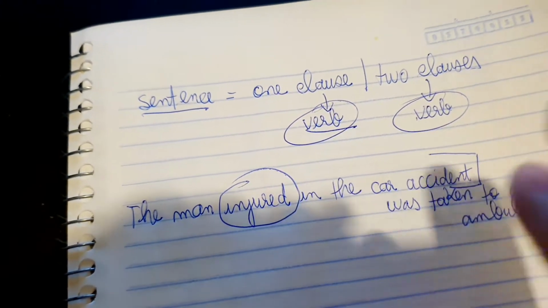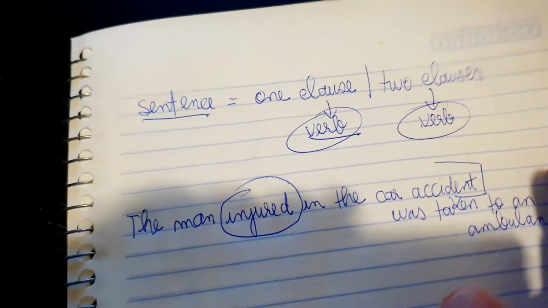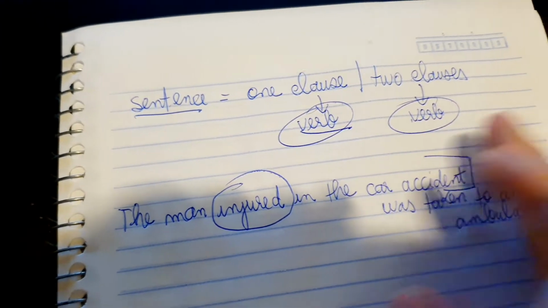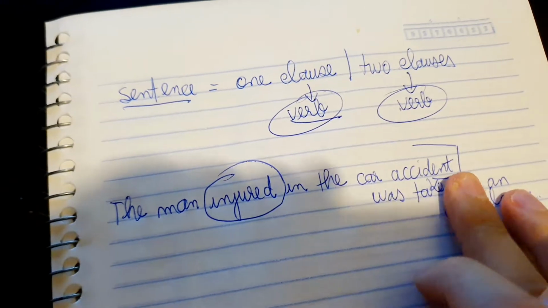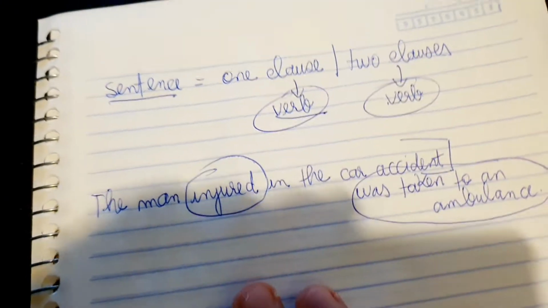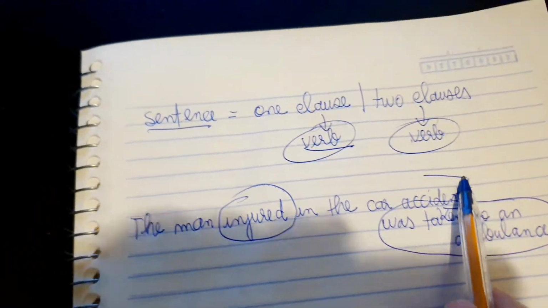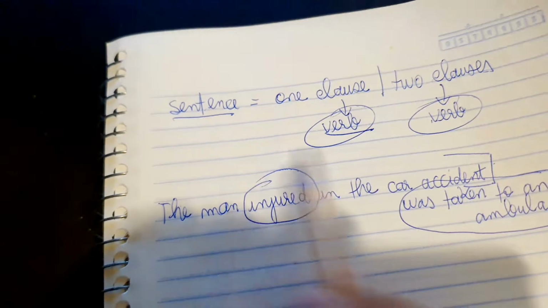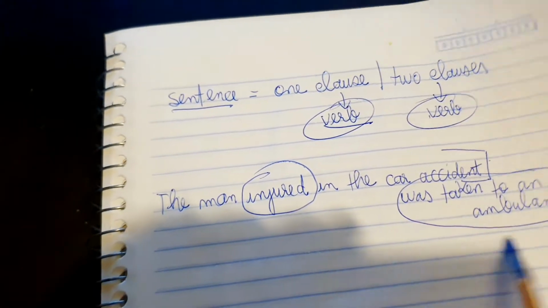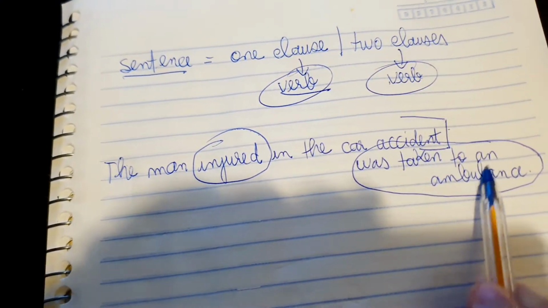It's affected by the action. So there was a car accident. The man was taken to the ambulance. So you could say that the man injured in the car accident is the subject of this bigger sentence right here. So you could say he was taken to the ambulance.